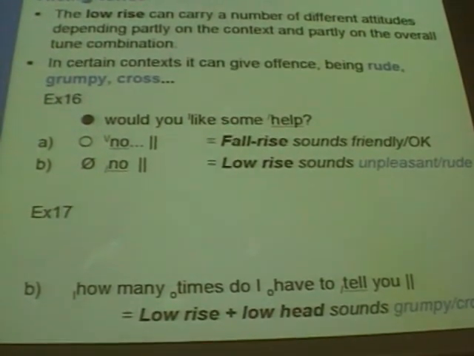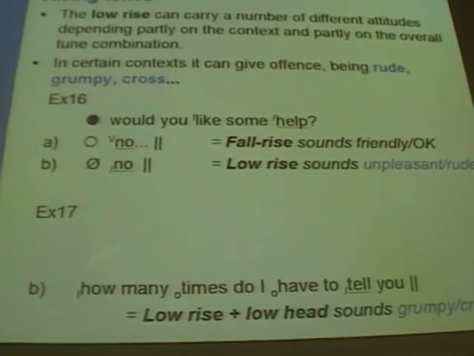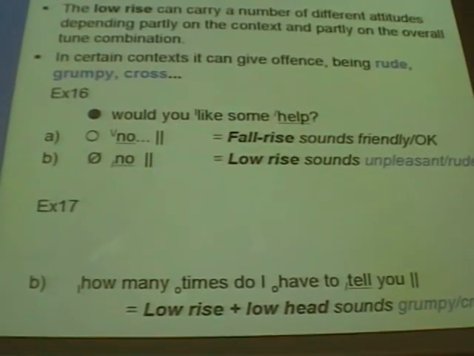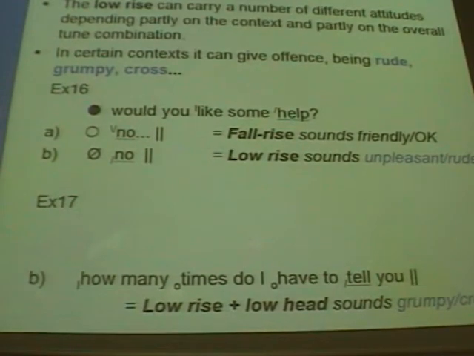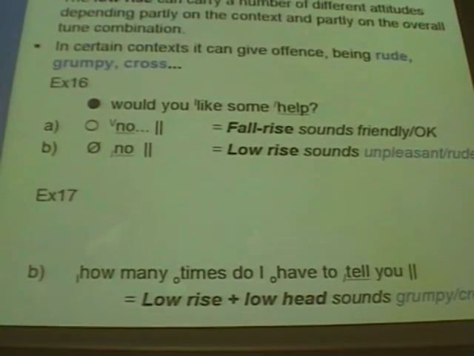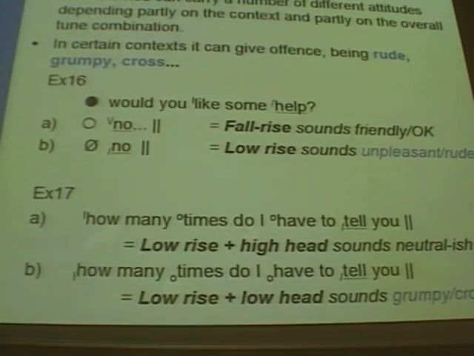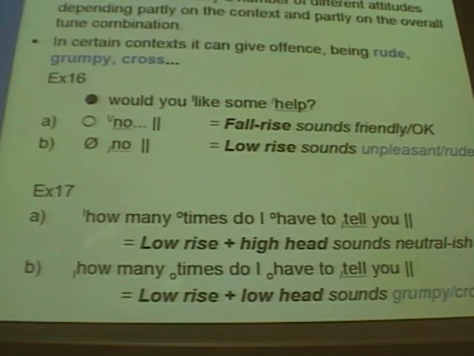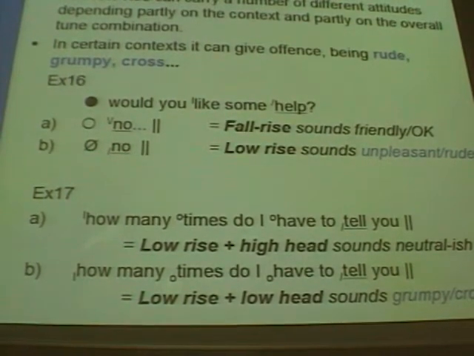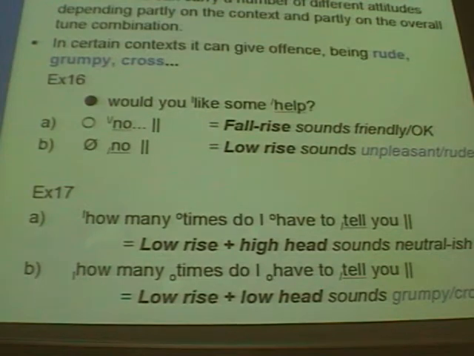Nor with this. This is what happens when parents have lost the plot. With, how many times do I have to tell you? Which you get the warning, you get the message that mum's cross, but at the same time, you haven't lost face.